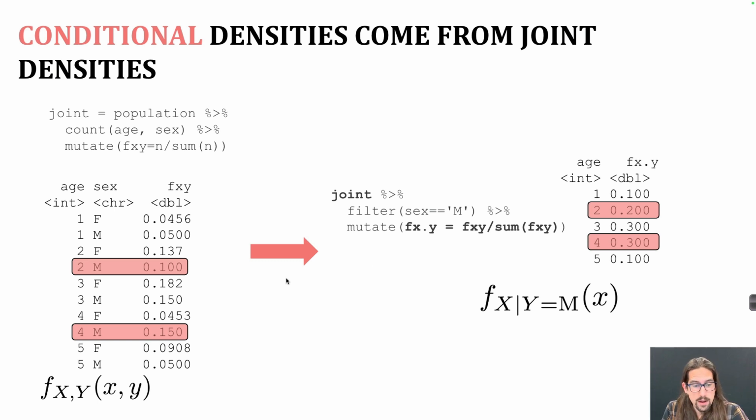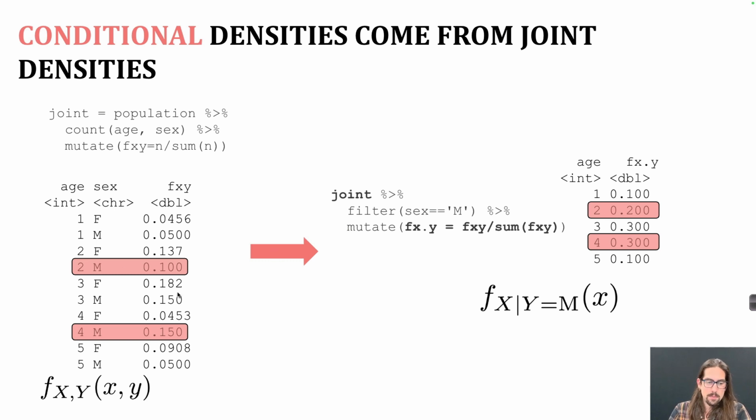So for example, in the subpopulation of males, what's the probability, or the value of the density, where age equals 2?